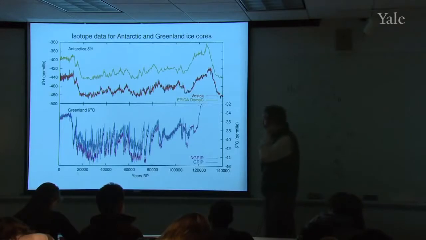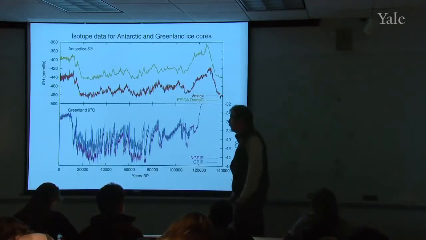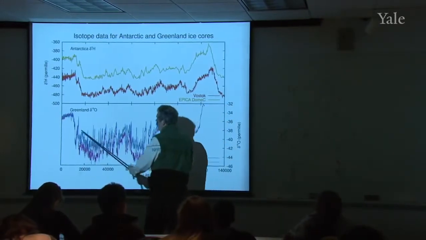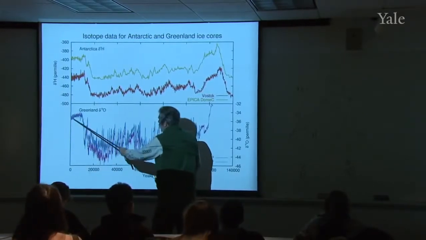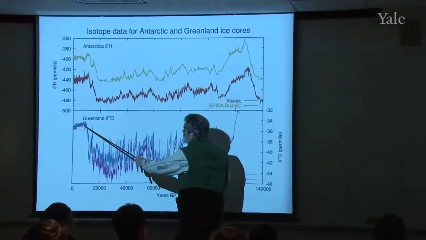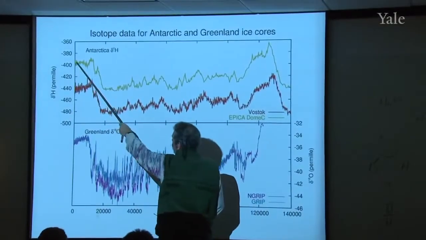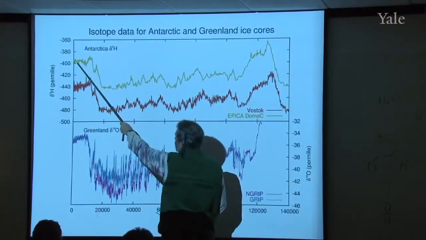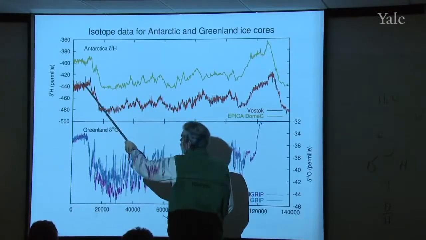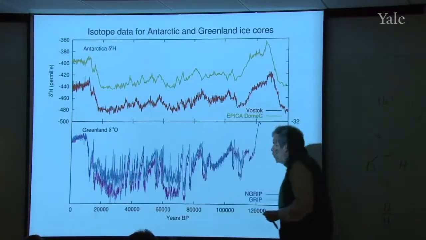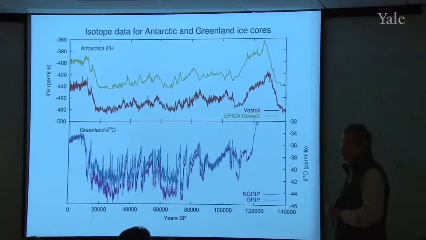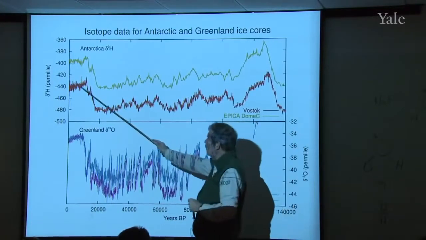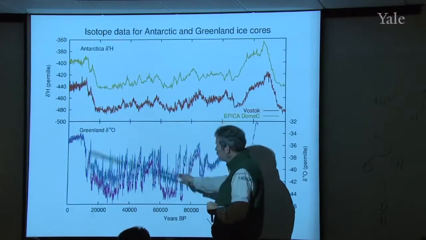Well, this gives us a rather nice time record. This is the modern era. This is today, if you like, and it looks like we have somewhat heavier isotopes than normal during the last 12, 15, 20,000 years. And of course, this is the Holocene period, the last interglacial.